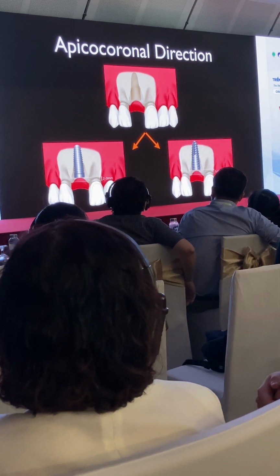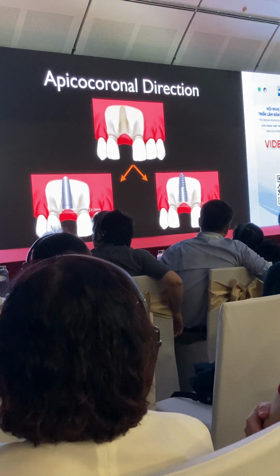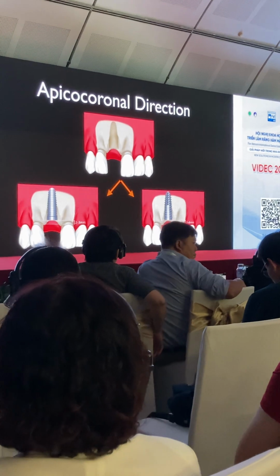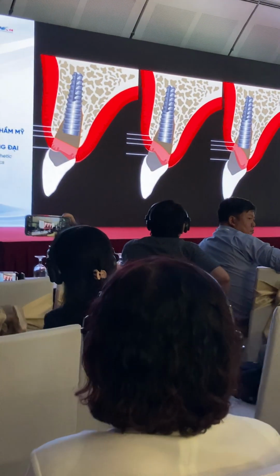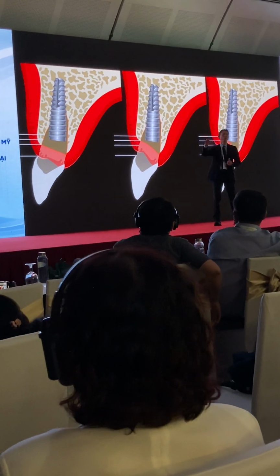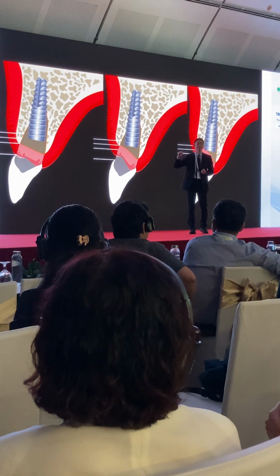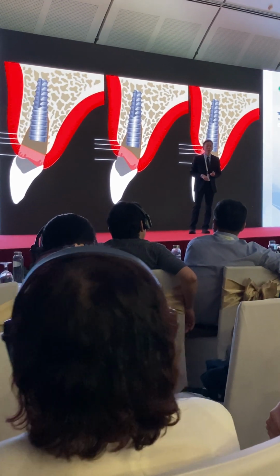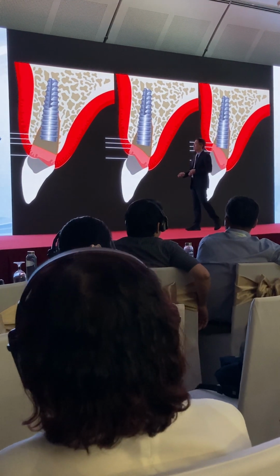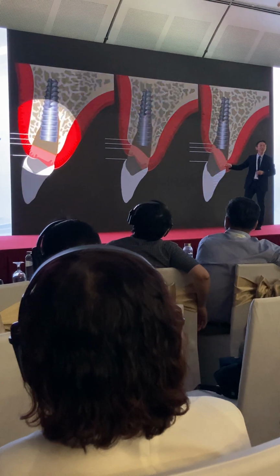But remember, don't place too deep, because if you place too deep, our physiological movement of the maxilla will compromise this. I'll just show you. A lot of people say, as long as I place the implant 3 to 4 millimeters below the future CEJ, below the gingival margin, it's okay. I'm telling you, it's true and it's not true. Because, see this implant placed 3 millimeters away from the CEJ, right? Guess what?